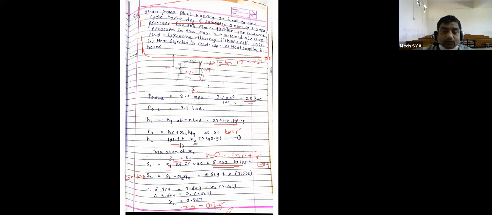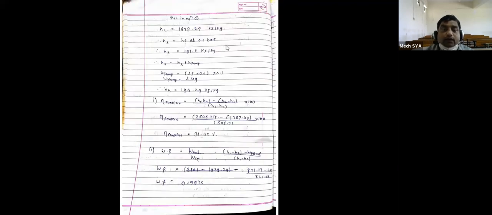So H2 is equal to Hf plus X2 into Hfg, that equation we know. 191.8 plus 0.75 into 2392.9. If we put our value of X2 as 0.75, H2 will become 1979.29.